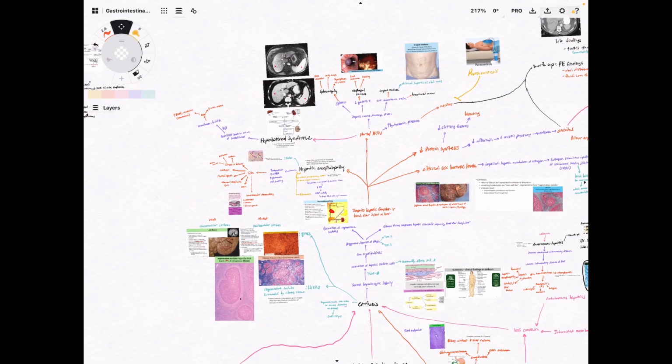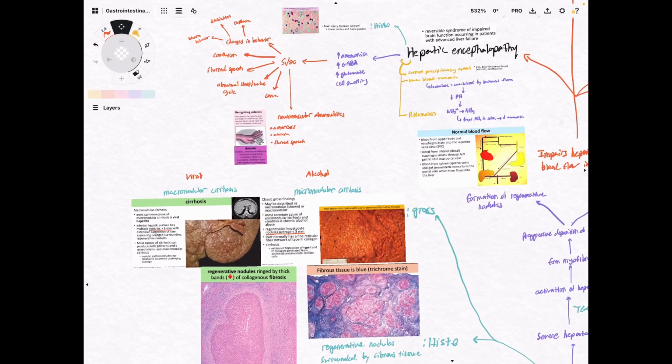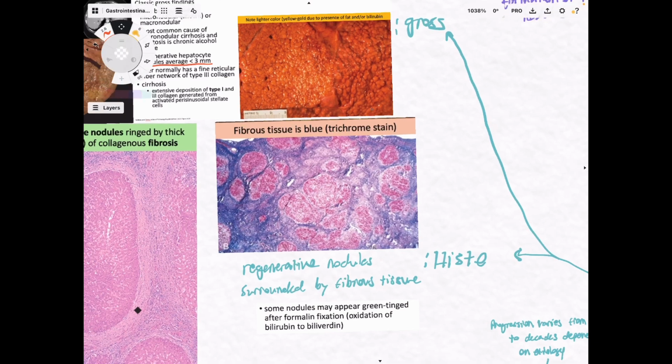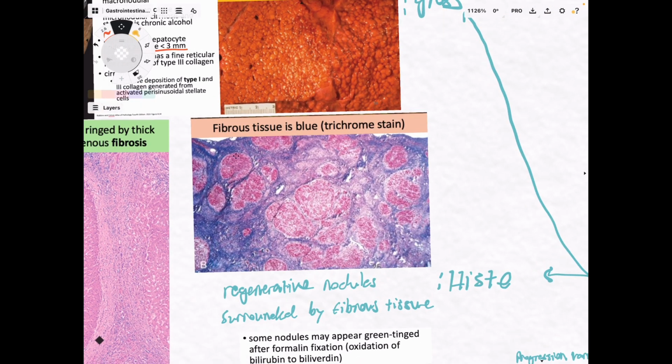All right, so moving on, we're going to talk about some of the gross things you can see with cirrhosis. And this is mainly going to lead us into the etiologies of cirrhosis. But first, we're going to talk about macronodular cirrhosis. This is just saying that, remember, you have regenerative nodules here with fibrosis around them from those stellate cells.